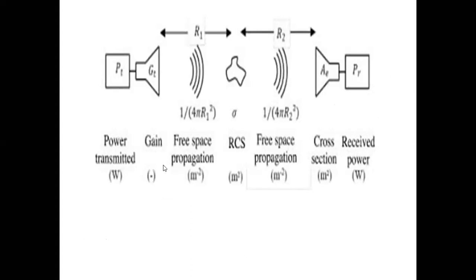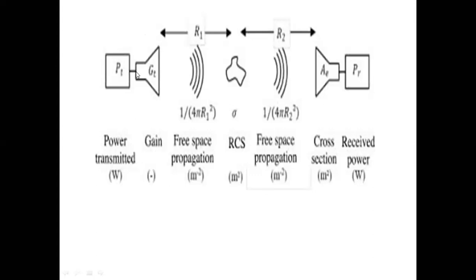Those attributes are the transmitted power: at the transmitting section, how much power we have to transmit the signal with. Next, at the radar system we are using some antenna, either a bistatic antenna or a monostatic antenna. Bistatic antenna means we use separate antennas for the transmitting section and the receiving section.